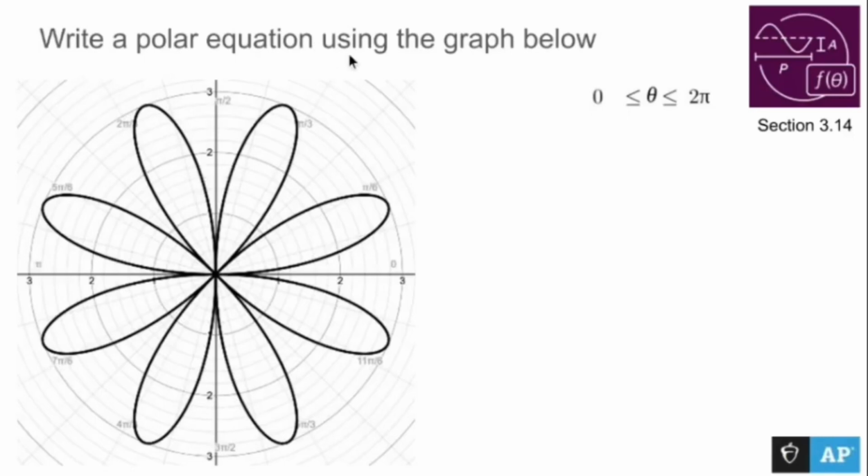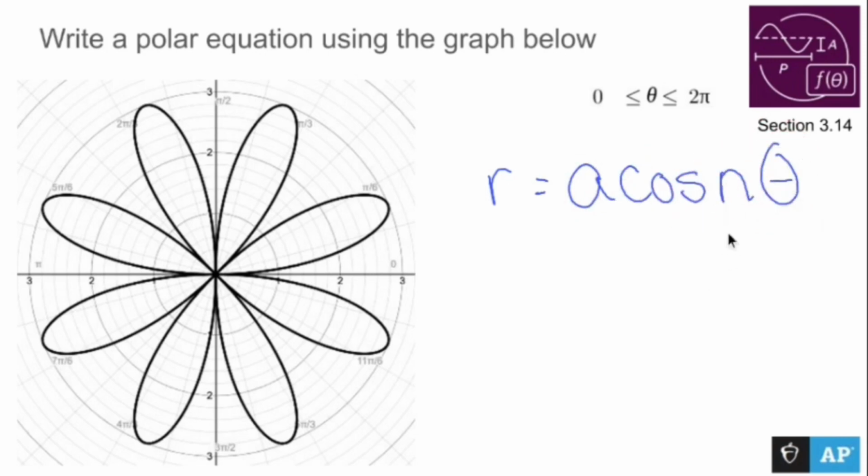Write a polar equation using the graph below. This is what I'm looking at. And what this looks like is a rose. Now, I did a video a couple problems ago where I had a rose. And the equation looks something like r equals some amplitude cos some number times theta.